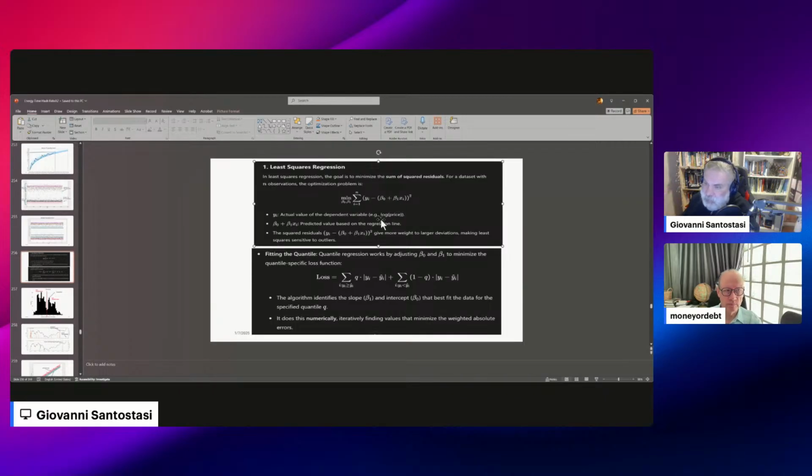Actually, it turns out that this can be solved with calculus. There is a classical solution in calculus that finds the solution for this problem. This is the advantage, for example, of least squares regression: there is an equation to solve it, so it's a relatively quick method. It's also quite simple to understand how it works.